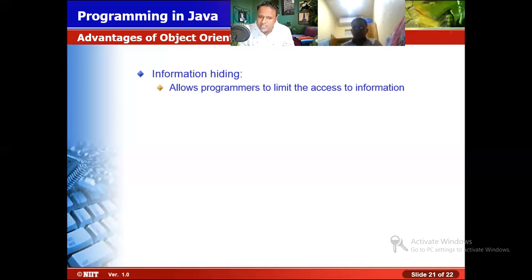The information the salesperson is showing you is called abstraction. The information that is hidden from you is called encapsulation. Abstraction means showing the relevant information.